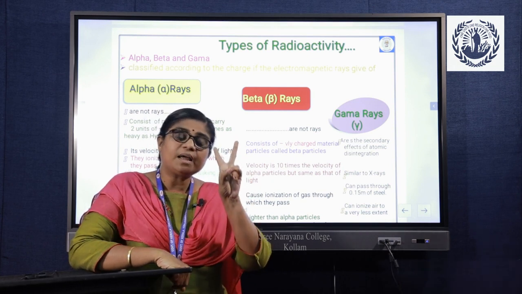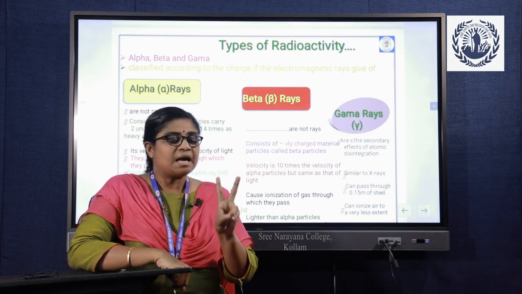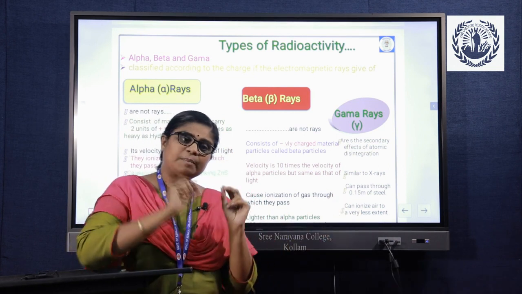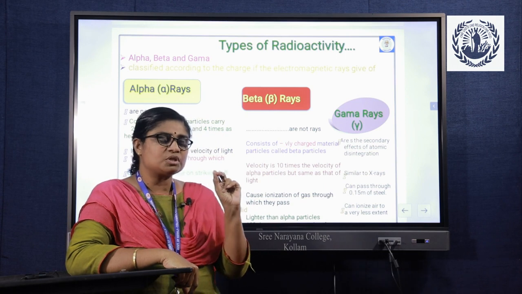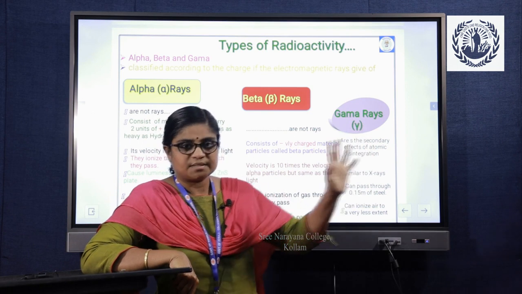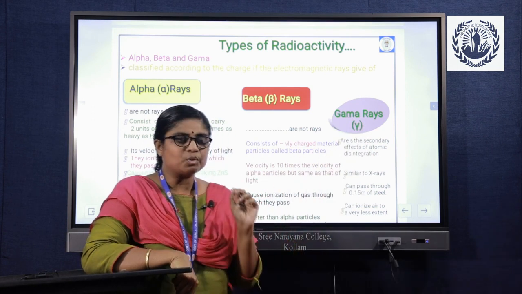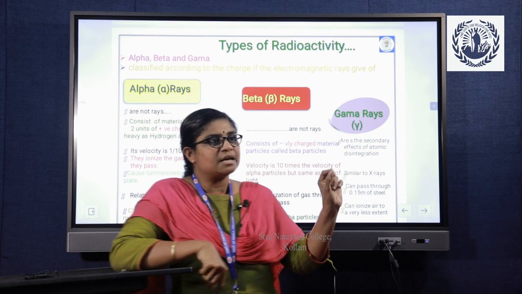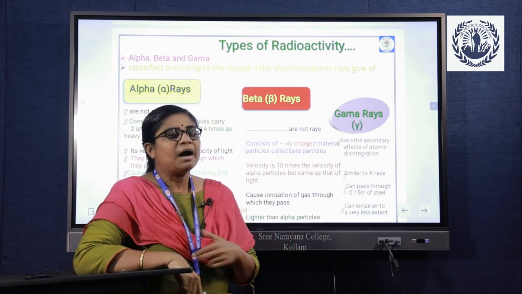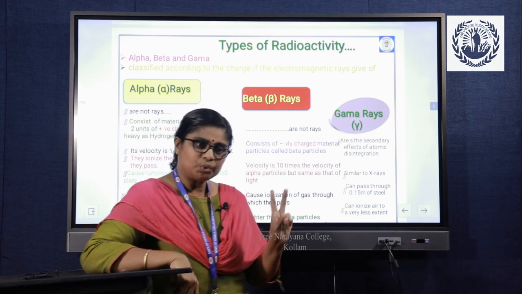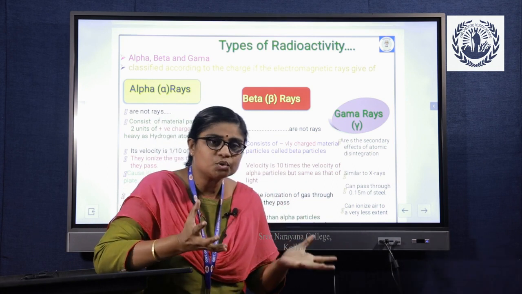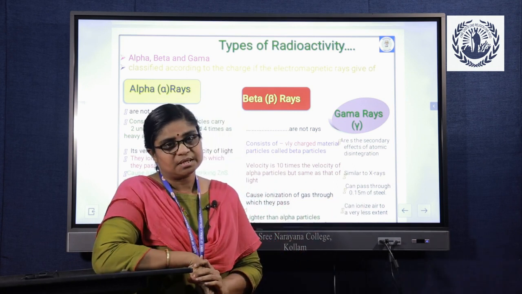Since it has higher charges, 2 positive charges, when this alpha particle passes through a gas and hits a gas molecule, it will ionize. That is, ions are produced. A positively charged particle hits a gas molecule, and ions are produced. So the alpha particle, having plus 2 unit charge, has the highest capacity to ionize gaseous molecules.